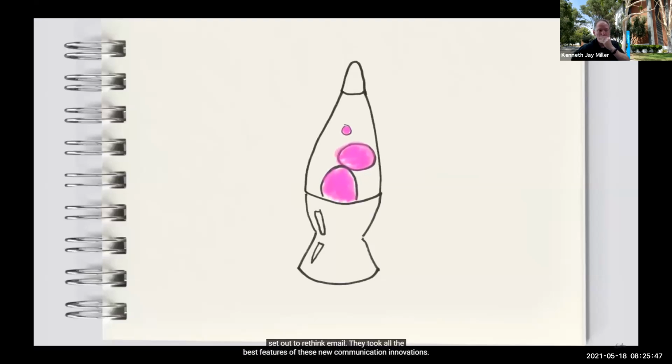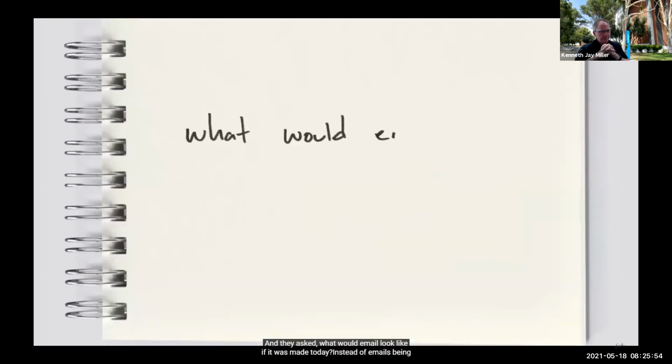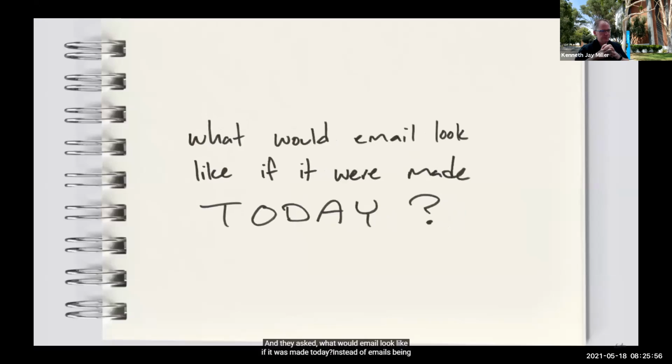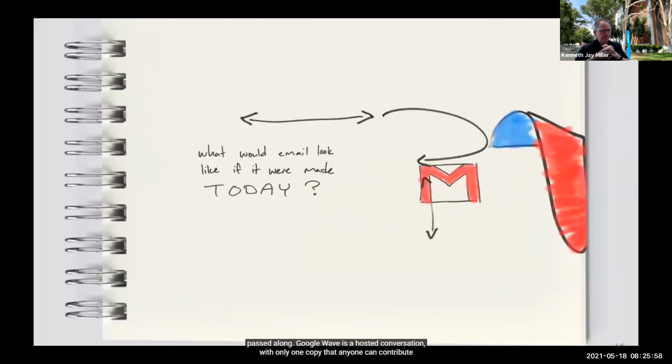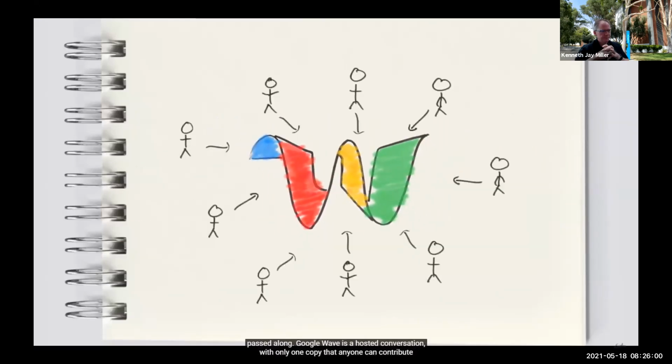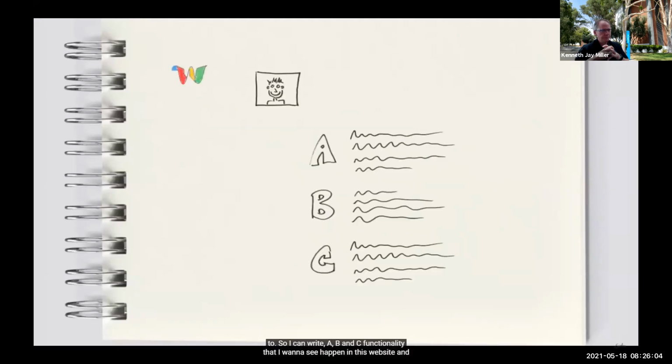So Google set out to rethink email. They took all the best features of these new communication innovations and they asked, what would email look like if it was made today? Instead of emails being passed along, Google Wave is a hosted conversation with only one copy that anyone can contribute to. So I can write A, B, and C functionality that I want to see happen in this website.